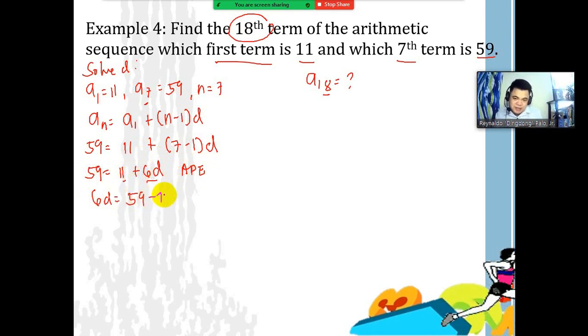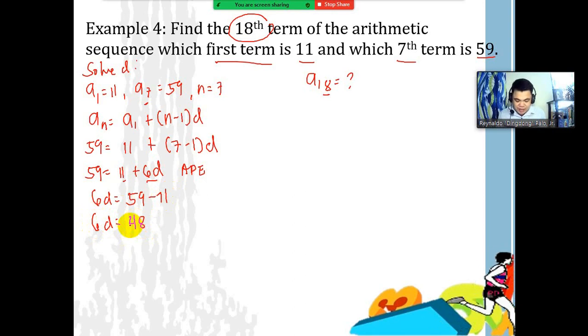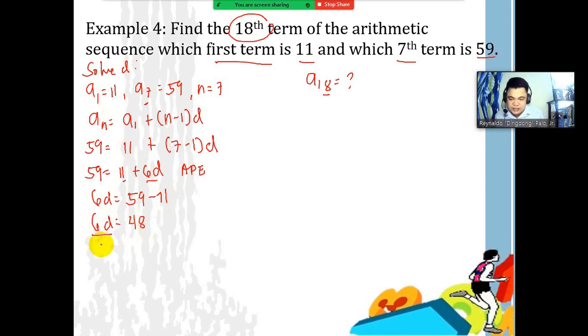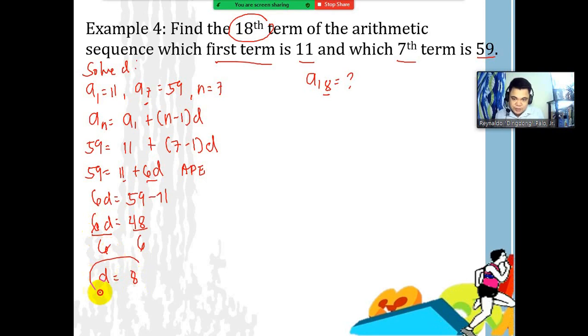Opposite of 11 is negative 11. Then 6d is equal to 48. So to get the common difference, we will divide both sides by 6. So 6d divided by 6, then 48 divided by 6. Therefore, d is equal to 8. So our common difference now is 8.